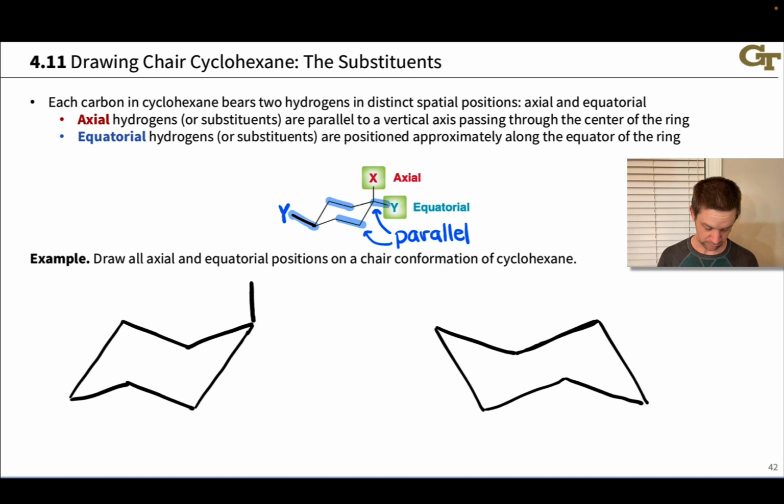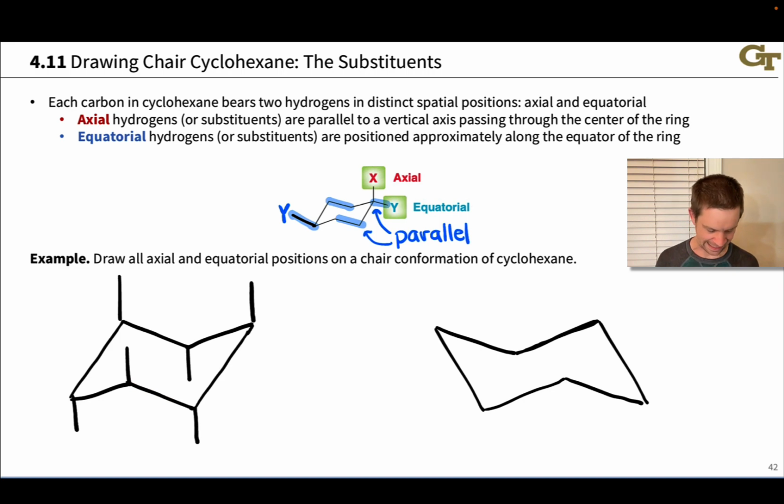Once you've got that down, you just go around the ring alternating up, down, up, down, up, and down. And occasionally, depending on how you draw the chair, this might end up kind of behind the carbon-carbon bond in the ring. So you may see a bit of a broken bond here if that ends up in the back. Although here, we've done a nice job of drawing the chair so that we've got enough space to show that axial group in the back without worrying about this bond getting in the way.